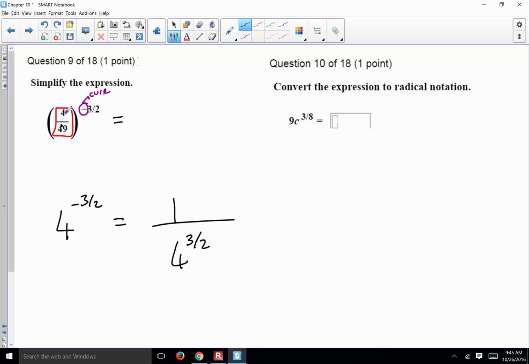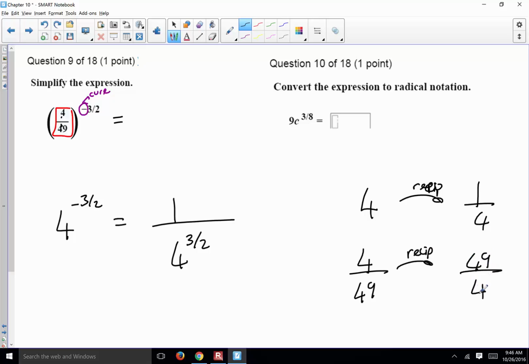How do you reciprocate? What is the reciprocal of a fraction? Look, the reciprocal of 4 is 1 over 4. But how about the reciprocal of 4 over 49? Yeah, you make it upside down. Because technically 4 is not just 4; there is a 1 hiding underneath it. When you are reciprocating, you are flipping this: 1 over 4 becomes 4 over 1.